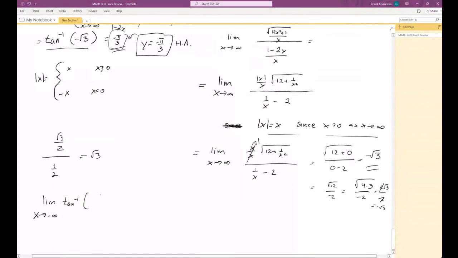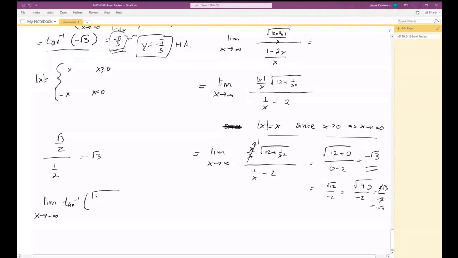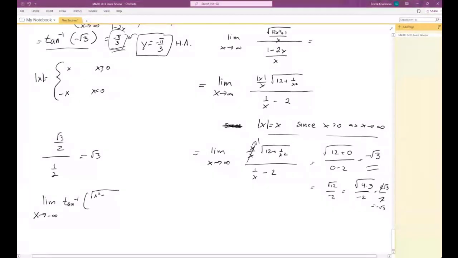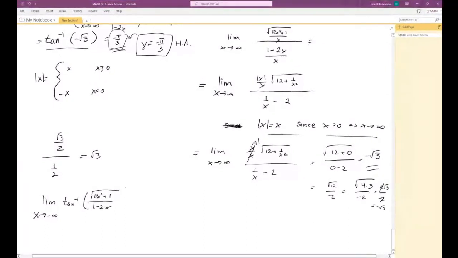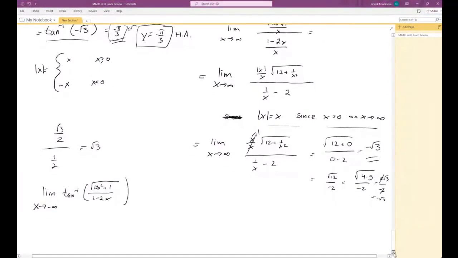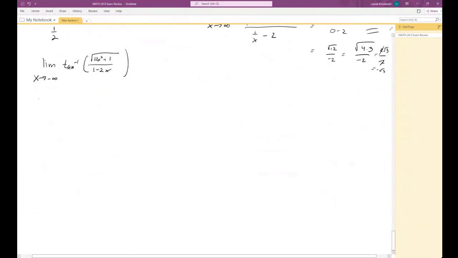Okay, and the procedure for taking the limit as x goes to negative infinity is exactly the same. So I'll skip all the details. Okay.